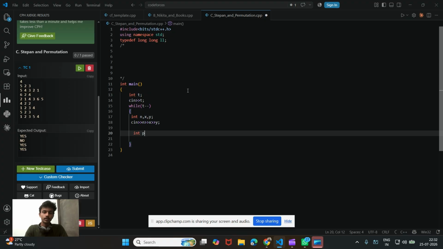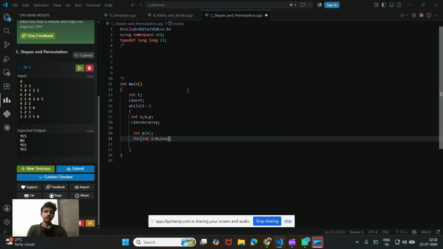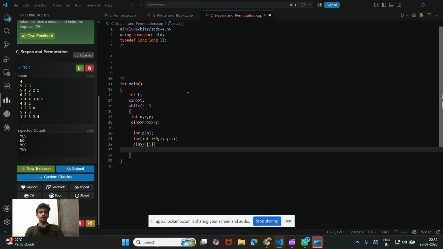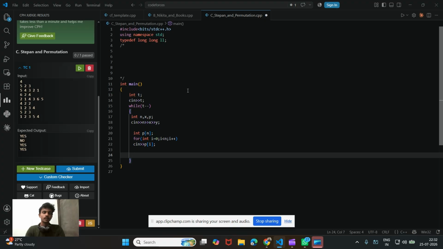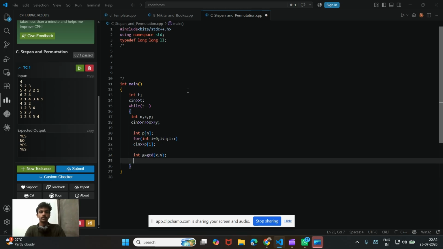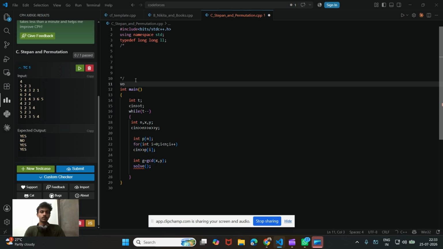So it's nothing but int p of n, and for int i equals 0, i less than n, i plus plus, cin p_i. Okay, we also need to find g, where g is nothing but gcd of x comma y, and then we have the solve function, void solve.